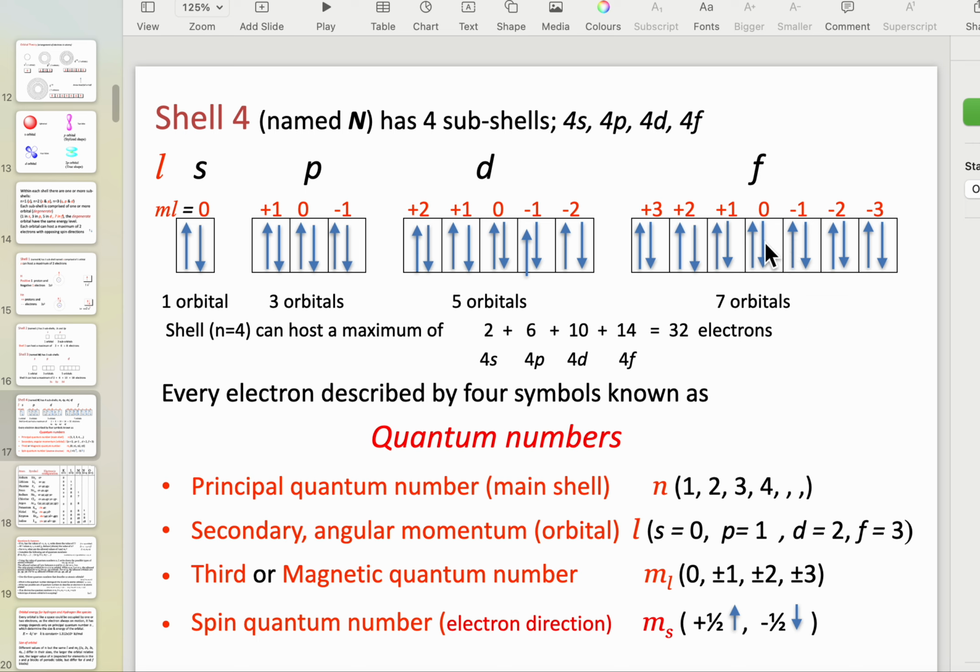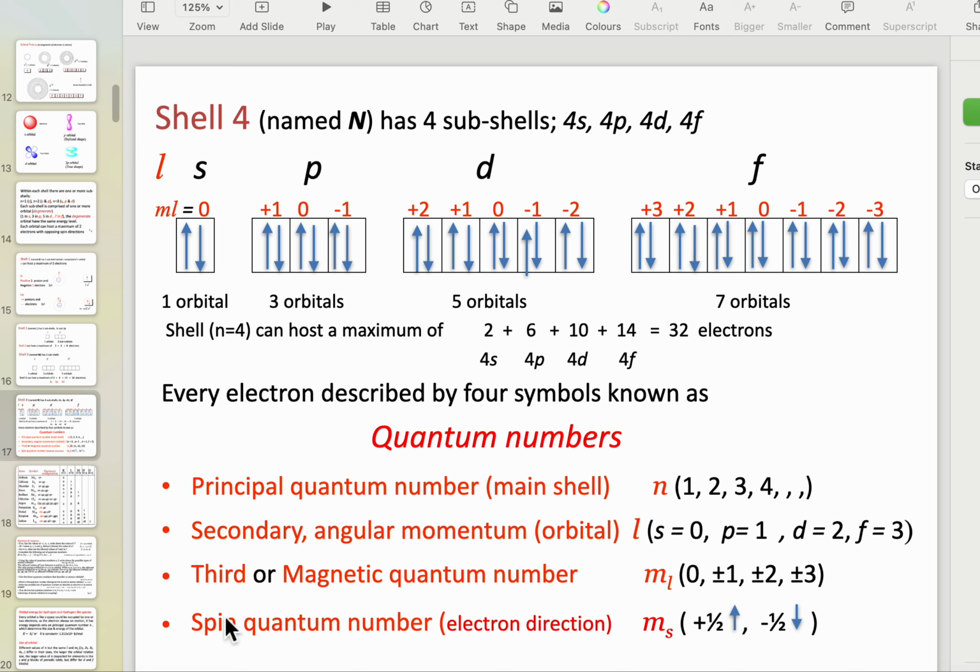The middle one, 0. To the right, minus 1, minus 2, minus 3. So these rooms are given numbers. If we want to know exactly where the electron is sitting, we have to go through ml. So ml determines the electron position.